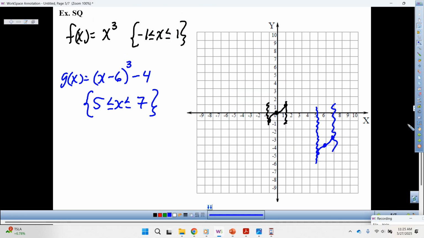All right. Look up to the screen. Again, I started with a parent function, but what if I did this to the transformation? Tell your neighbor what happens there to that end product.